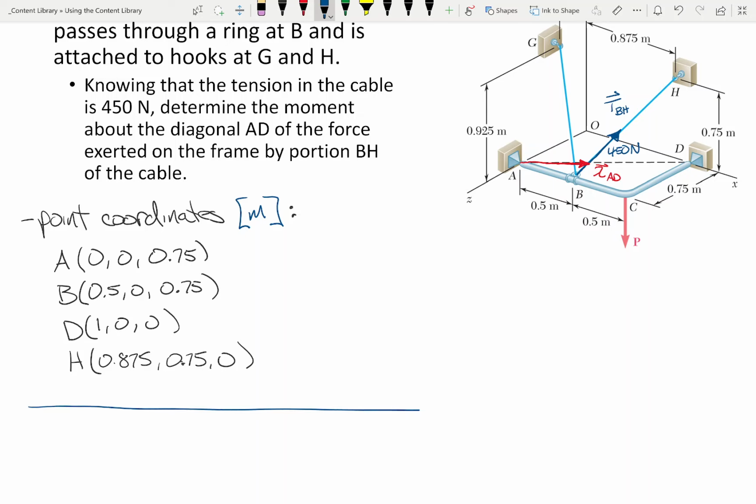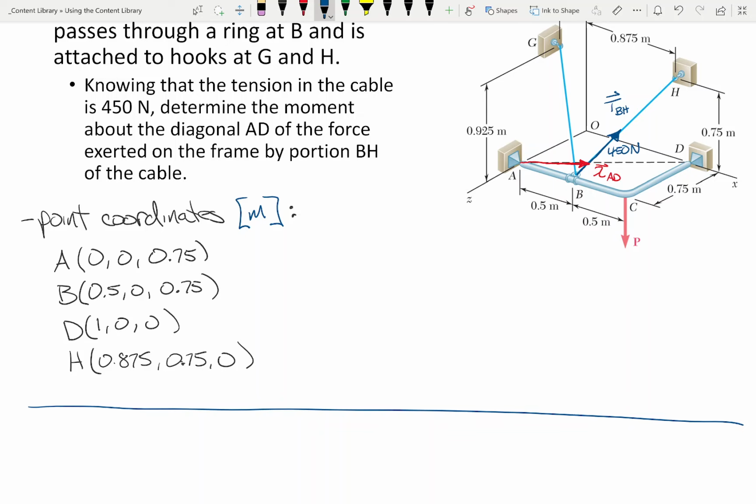Now, in order to compute the moments about this axis, axis AD, which is what we're trying to do, we need to figure out lambda AD. So tell me, how are we going to get lambda AD? Just walk me through conceptually. The direction vector, then find the magnitude, and then divide the direction by the magnitude to get the unit vector. 100% right.